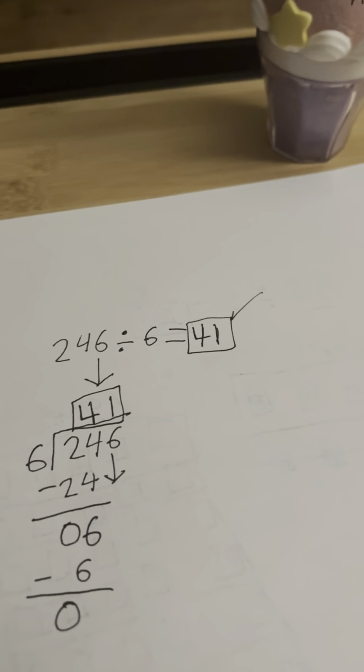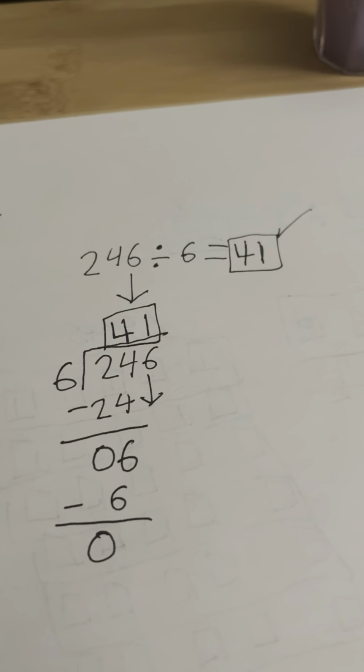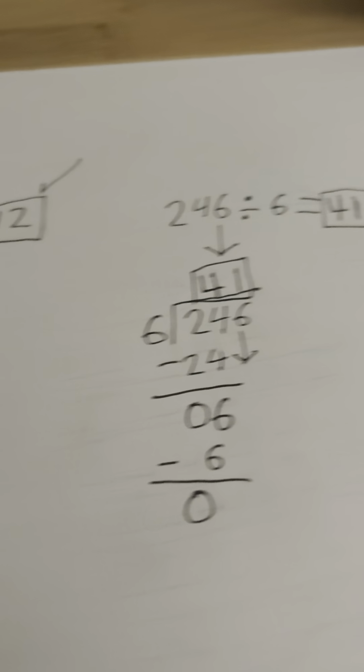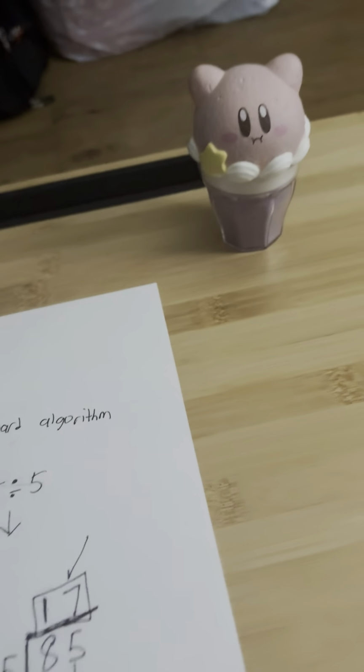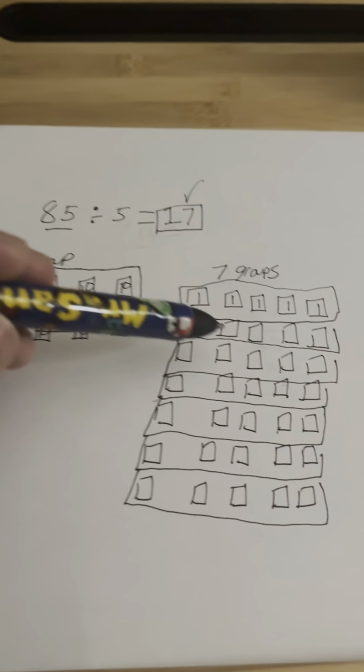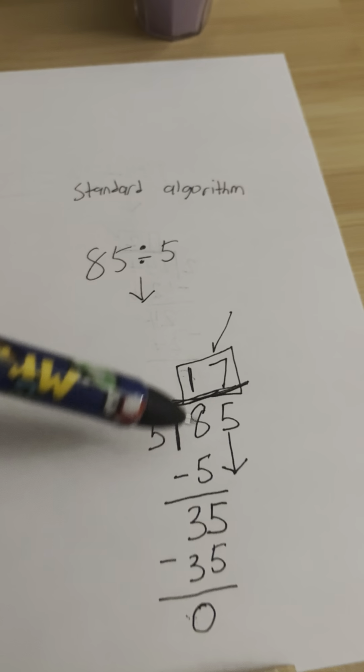All right, students, so that was basically how we're doing today's lesson. Just to recap, there are now two ways that you can do division problems. You can either do it the very long way, or you can do it with standard algorithm.